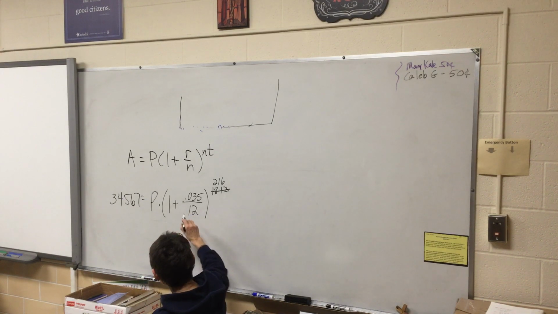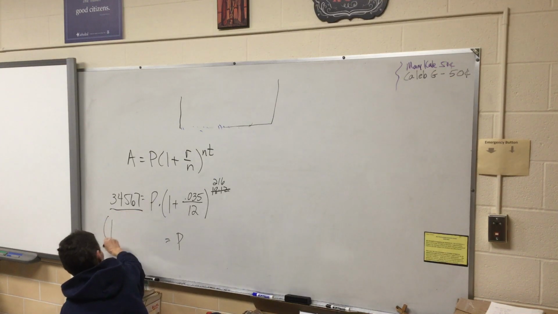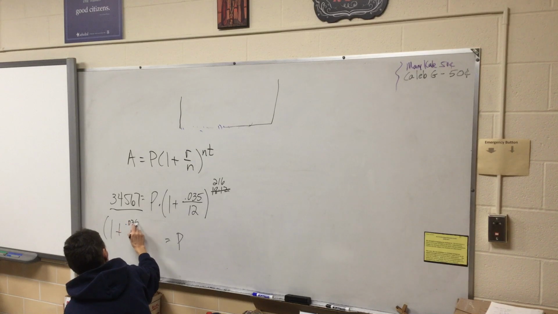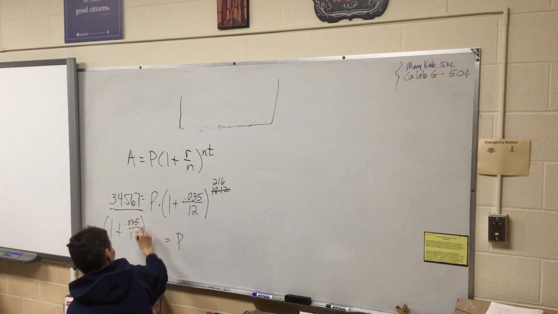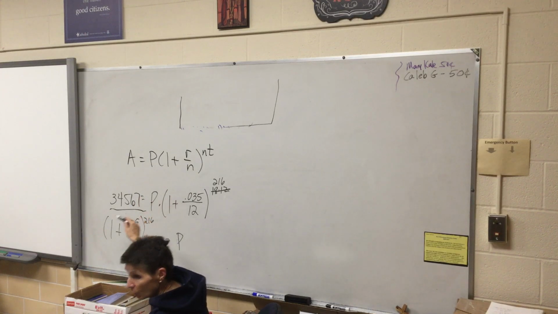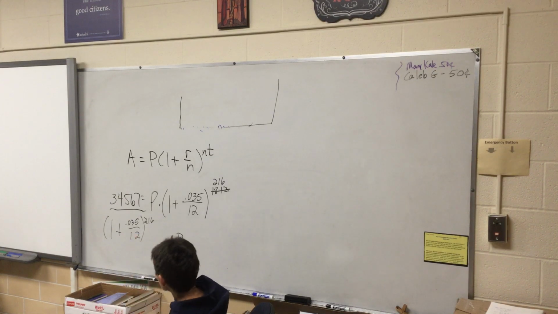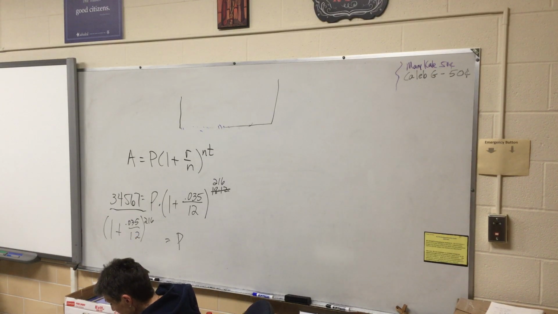So we're going to have to divide by that. So I'm just going to come over here, and I'm just going to divide by that. So this essentially is what I can type into my calculator. All right, so let's do it. 3, 4, 5, 6, 7.